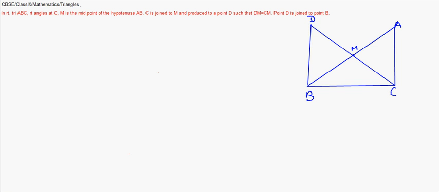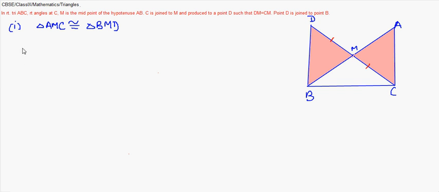Now the first part says prove triangle AMC congruent to triangle BMD. Because we are informed M is the midpoint, that would make CM equal to DM.